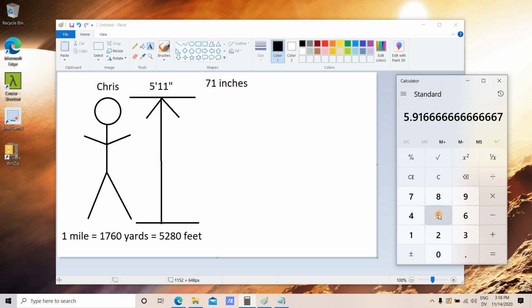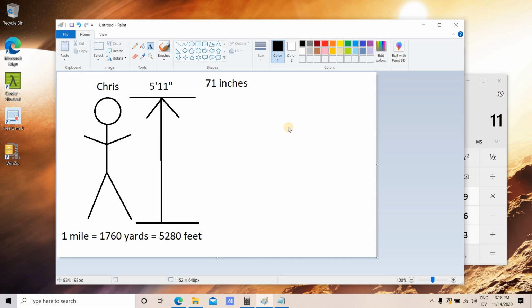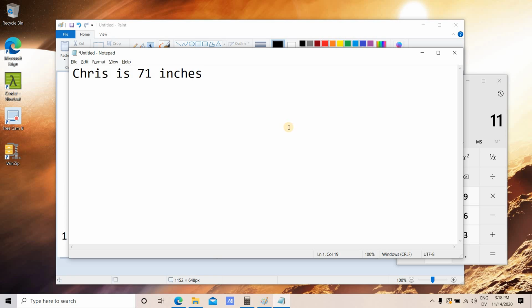Let's say 5 times 12 is 60, and the total is 71, so 71 minus 60 is 11. So we get 5 feet and 11 inches.